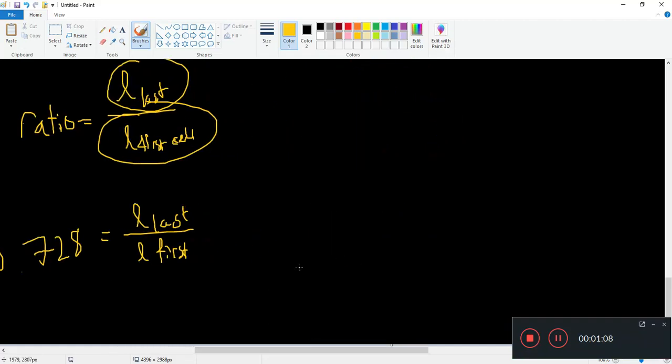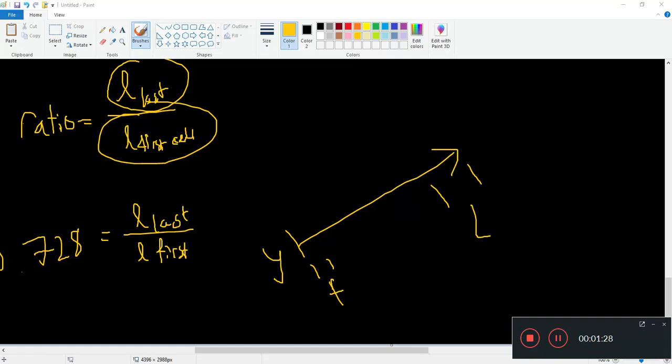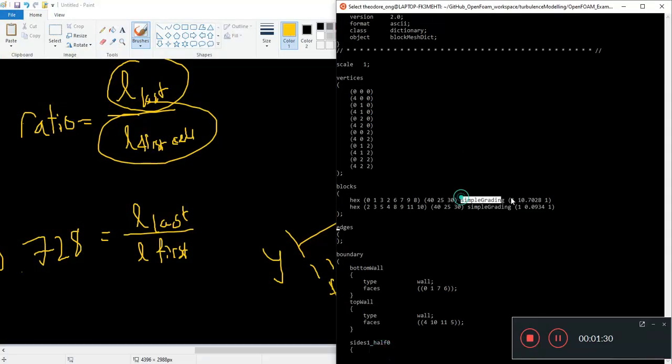This is in the y direction. If you have a y direction like this, your first cell will be at the lower y coordinate, and your last cell will be at the larger y coordinate. So this is your first cell, this is your last cell. And this is for one side.